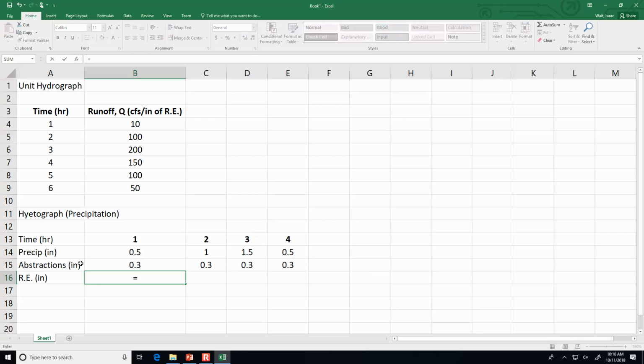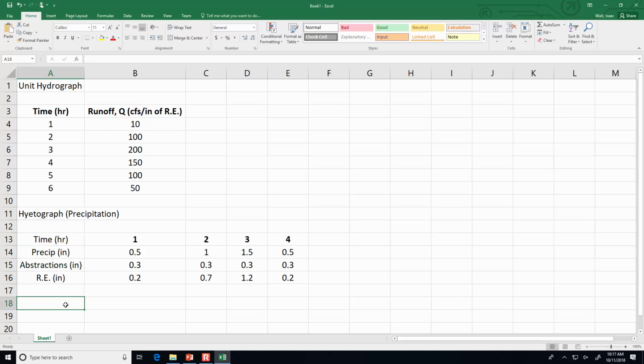So equals precipitation minus abstraction, and that gives us the rainfall excess. So during that first hour, there's ½ an inch of rain, but 3/10 of it is lost due to abstraction. So 0.2 inches of rain is going to be the leftover amount that will contribute to runoff. Okay, so now what we're going to use this to determine is the resulting runoff hydrograph.